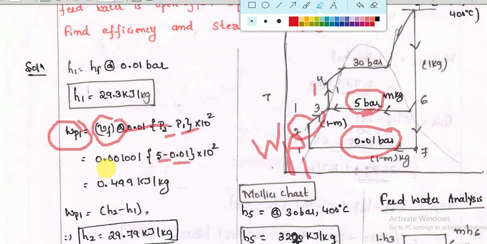We look at the data handbook for the volume of the fluid at point number 1, at condenser pressure 0.01 bar.